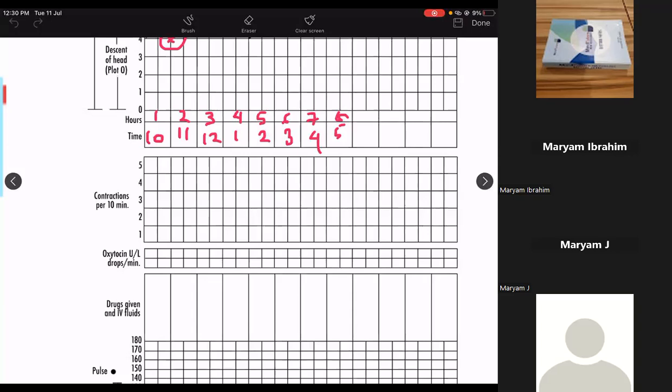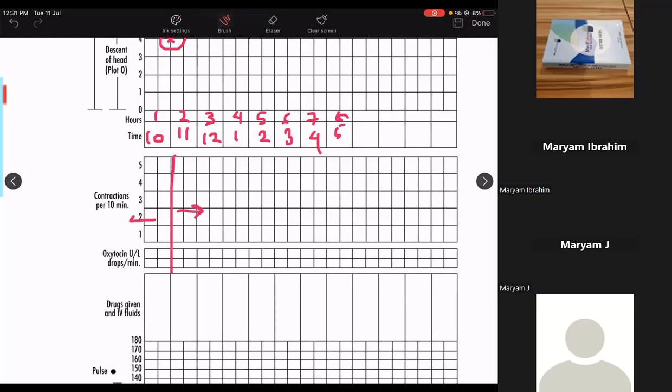So now how will we denote that she's having 2 weak contractions in 10 minutes? How will we shade it on the partograph? Yes, in the dot, right? Yes. So we denote it by making dots. Of course, don't forget that everything we are plotting now should not go towards this side.